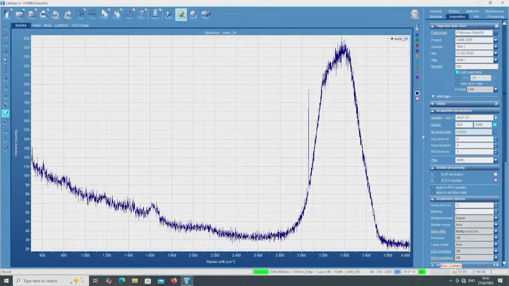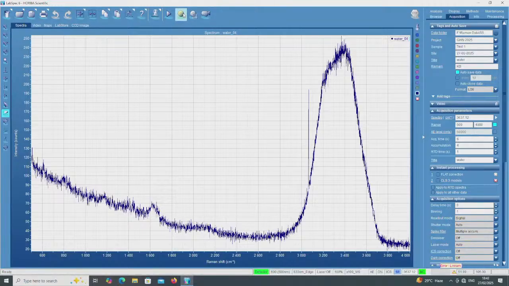Then OH stretching of H2O is here. HOH bending is here. And this intensity is 1/3 or something. So this is a large peak. And in the case of the Raman spectrum, this is strong, but HOH bending is quite weak.